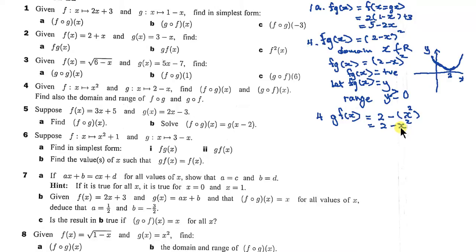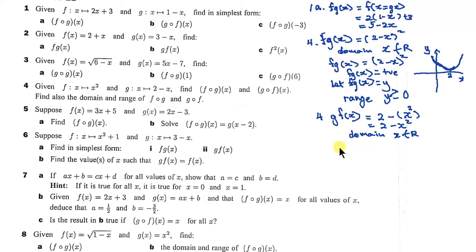Is there any x value which gives a gf value of infinity or undefined? You can substitute any x value. So in this case, the domain is still x, any real number.